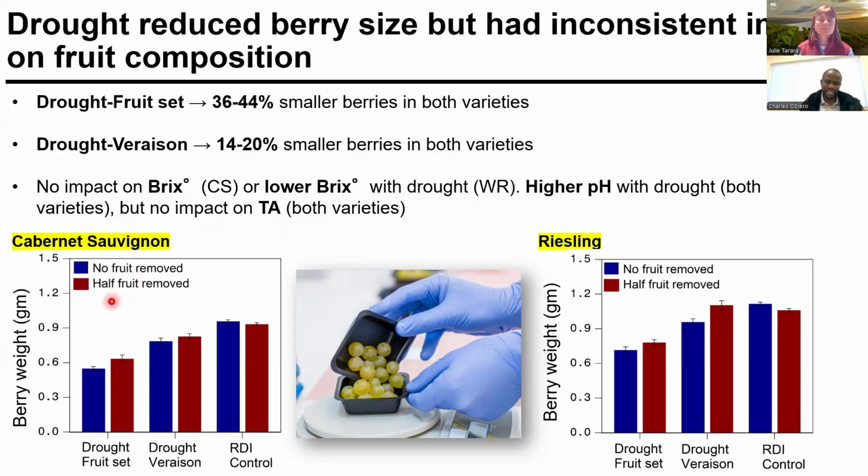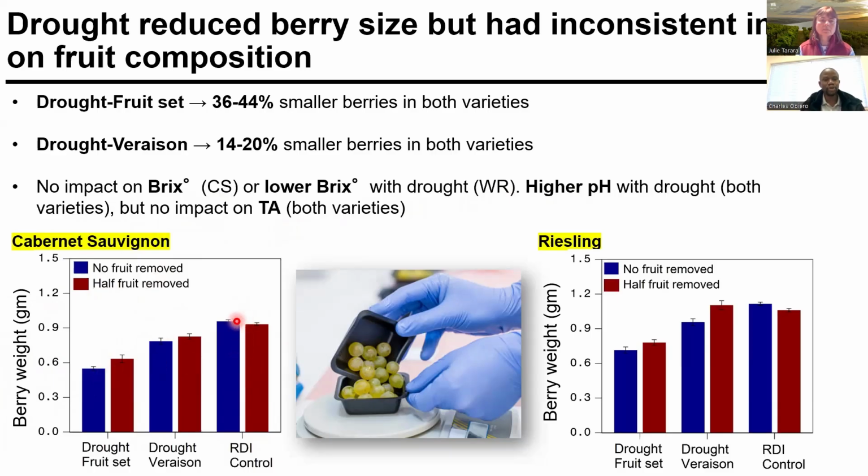And just to demonstrate, on the left graph is the berry weight in grams, and on the far right on that graph, we have the industry standard, which is the RDI. If you compare that with our drought from fruit set, then it was actually highly impacted.